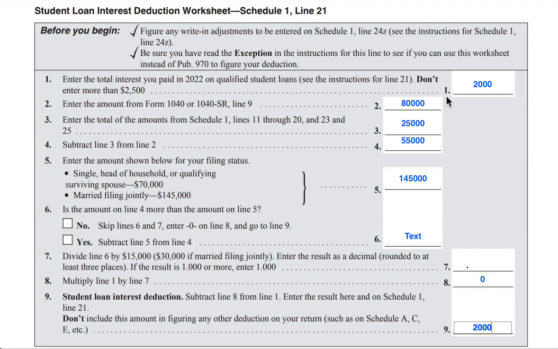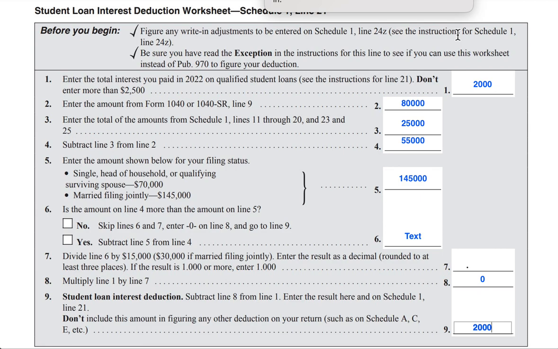In line 3, we're going to enter the amounts from most of Schedule 1, basically lines 11 through 20, 23, and 25. And specifically, those are educator expenses for line 11, business expenses that you would claim on IRS Form 2106 for line 12. Line 13, health savings account deductions.